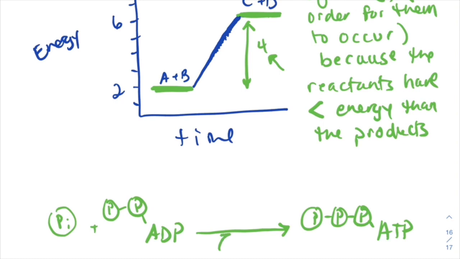But energy has to go into this to make that happen. And this is an example of an endergonic reaction. Energy has to go into this reaction in order to get the phosphate group back together with ADP to form ATP all over again. That is an endergonic reaction.